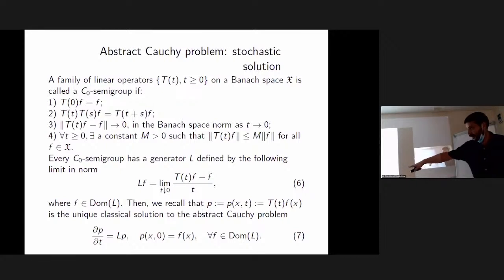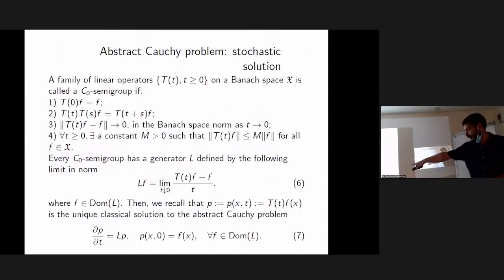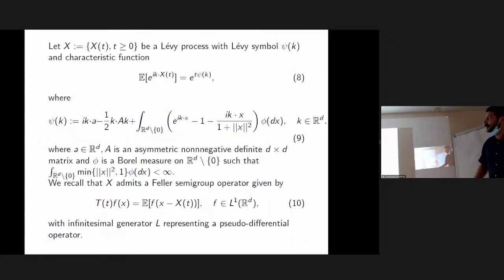If L is the generator of a Lévy process, equation 10 is the stochastic solution, the unique solution of the Cauchy problem, if in the abstract problem L is the generator of a Lévy process.